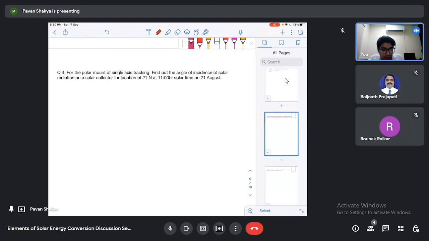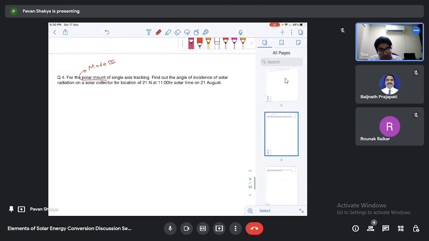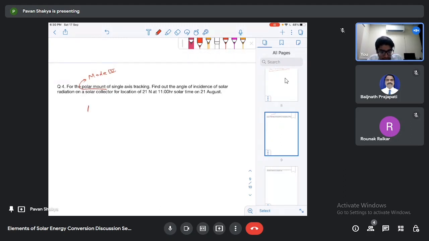First, this polar mount is nothing but a mode for the single axis tracking system. Why we call it that, I will explain. In the polar mount, the axis of rotation is oriented towards the north and south. So this one is north-south orientation.